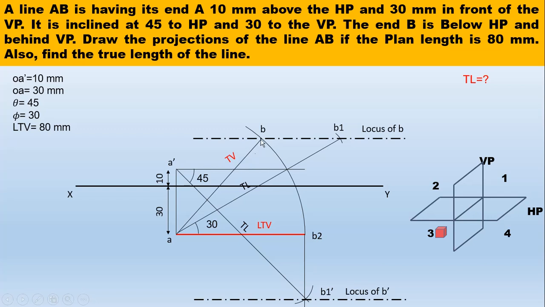Now the end projectors of front view and top view remain same. That's why from point B you can draw the vertical line. Let's say this point is point B dash, and you can find the true position of front view. Now you can measure the true length from this length. Both the lengths are same.